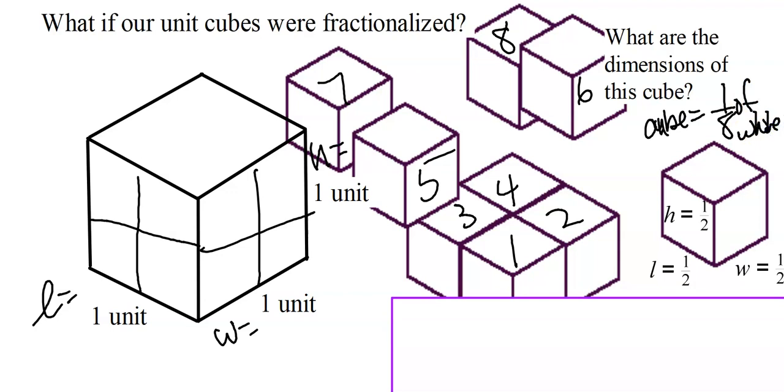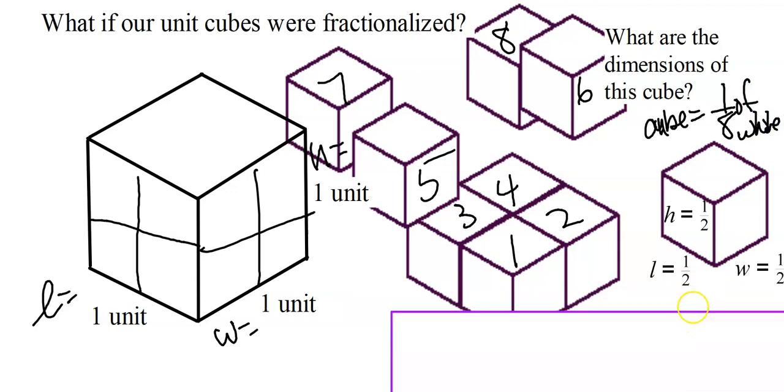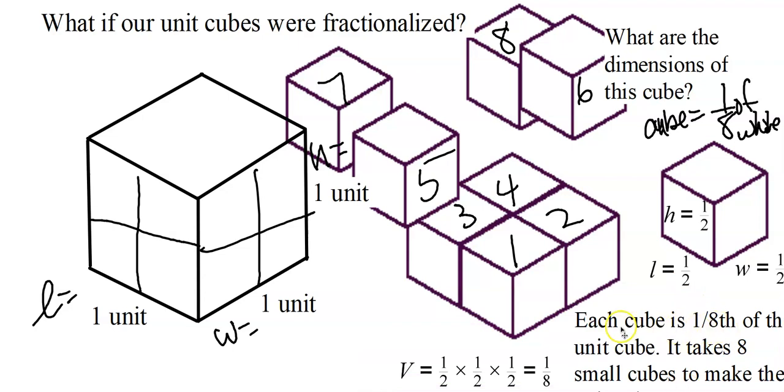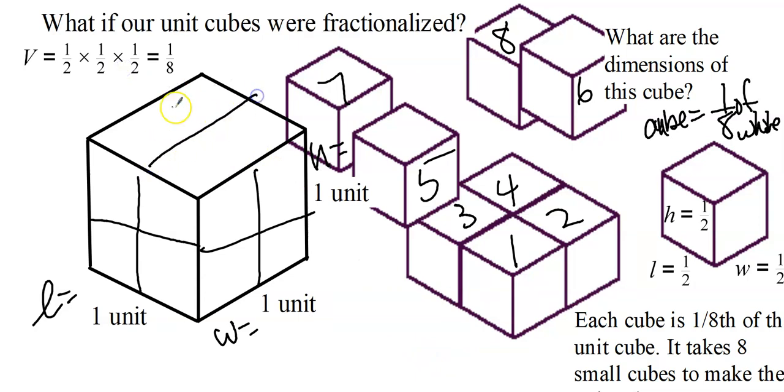So the math that you can do to make that make sense is, oh my gosh, the volume of 1 cube now is 1/2 times 1/2 times 1/2, which is 1/8, right? So I'm going to put that over here because it's going to match the picture now, because I'm picturing that when I cut each side into half, 1/2 times 1/2 times 1/2 is 1/8. So 1 cube now is 1/8 of the total.